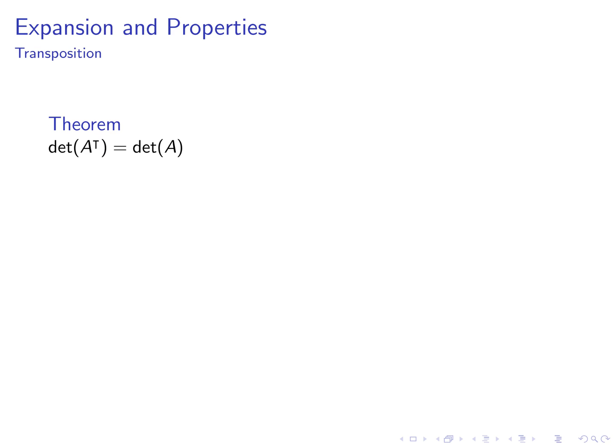Well, remember that the rows of our original matrix are the columns of its transpose. And since it doesn't matter if we choose rows or columns to expand about, this tells us that the determinant of the transpose of any matrix is always the same as the determinant of the original matrix. So determinants are insensitive to transposition, is what this is saying.